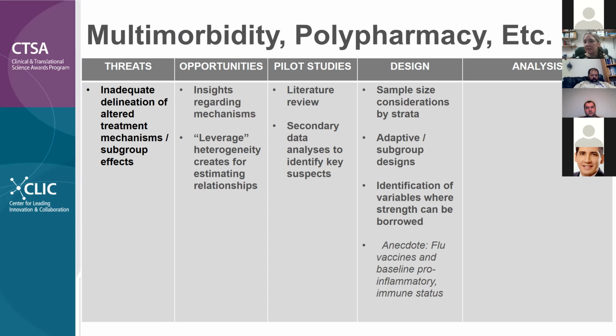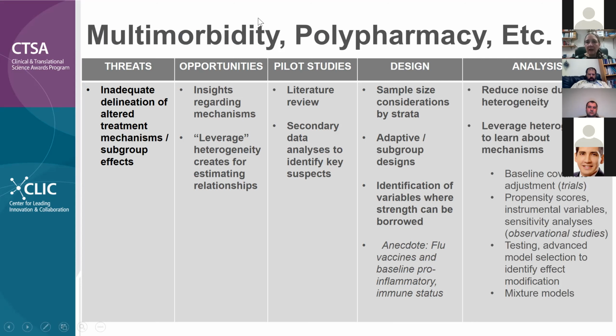We can suspect that they may not be as effective in sicker individuals, and feel overwhelmed by all the different ways in which people can have multimorbidity. But it could well be that the real mechanism has to do with pro-inflammatory states or altered immune status. And so that's a reduced set of variables to measure rather than the whole constellation of multimorbidity that could occur.